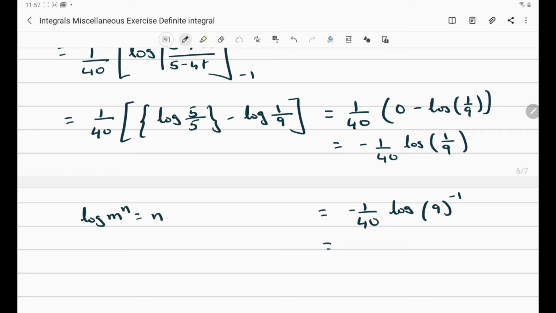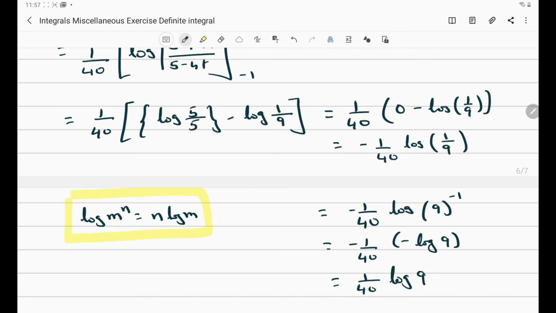So using this property we can write minus 1 as the coefficient. So we get minus 1 by 40 times minus log 9, which is equal to 1 by 40 log 9. So this will be the final answer.